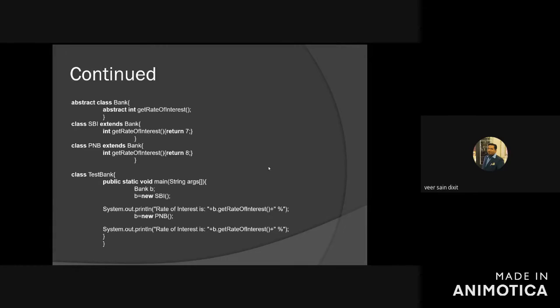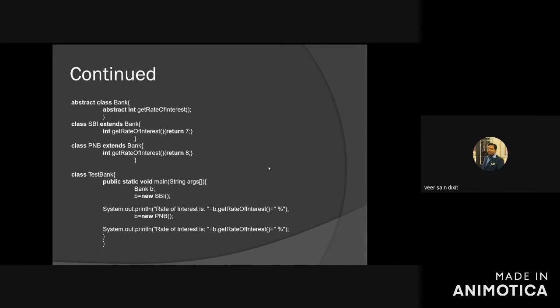There is no body of this method. Then you are creating a class SBI extends Bank, which is extending the abstract class, int getRateOfInterest, and you are returning the value 7. Then again you are creating a class PNB extends Bank. Again that method is defined, return 8.